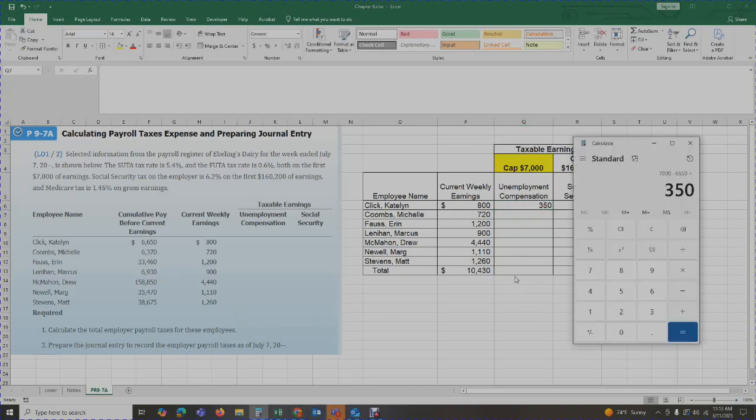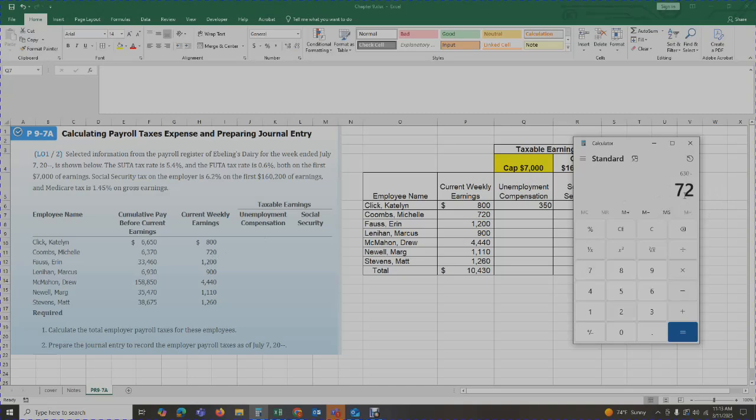Michelle has earned $6,370. Remember, my cap is $7,000 for unemployment. Michelle has earned $6,370. That means that $630 are subject to be taxed. Anything over that is not going to be taxable. Michelle earned $720. From the $720 earned this week, only $630 will be taxable for unemployment purposes.